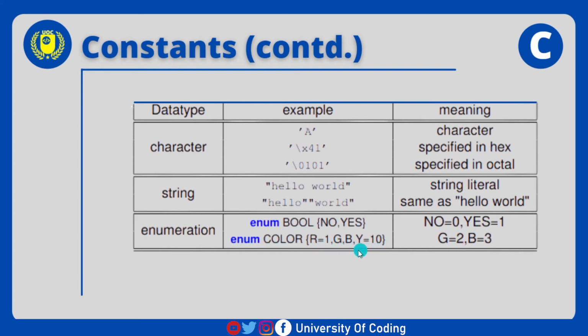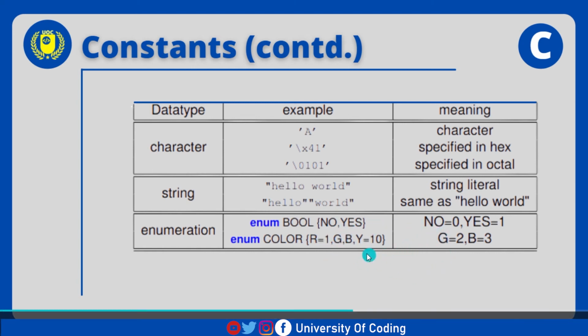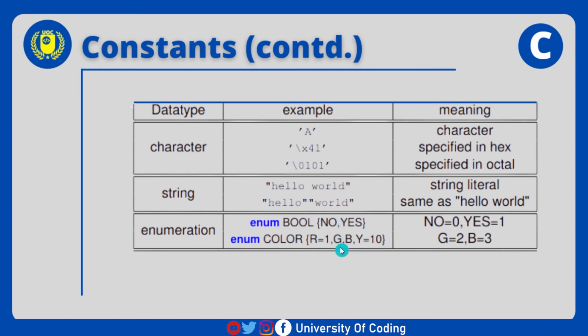So what will be the value of g? g will get the value 2. How? See here, r is 1. So g will be 2. If y is not declared as 10, then y will be 3. So if you declare the first variable and leave all the other variables undeclared, then all the variables will take the next value of the previous one. Like in this case, g is taking 2.